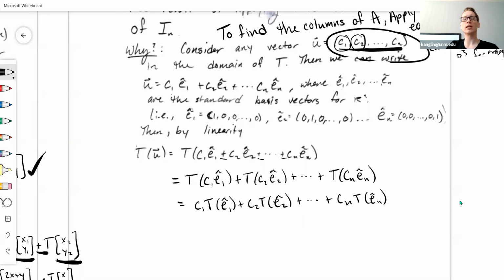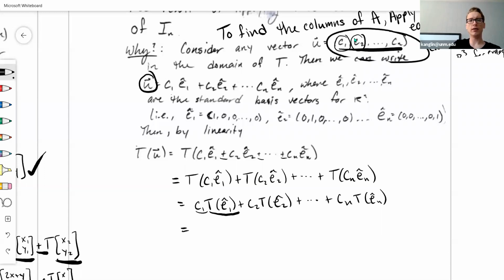And so what are we really left with here? No matter what vector we had, this is really just C1 times the effect of T on the first of those standard basis vectors. Let's write it just like that. And I suppose here's the big leap that we're going to take.